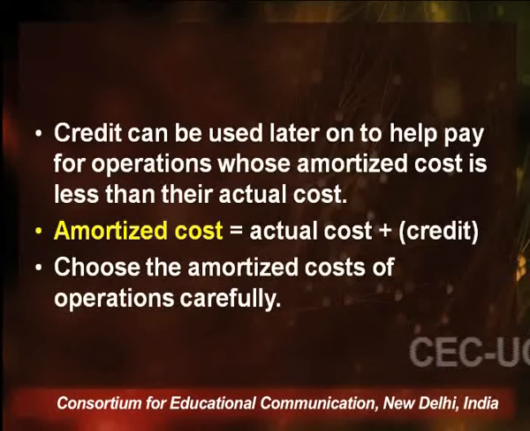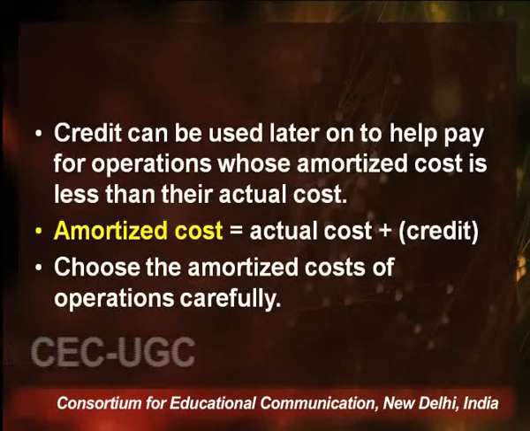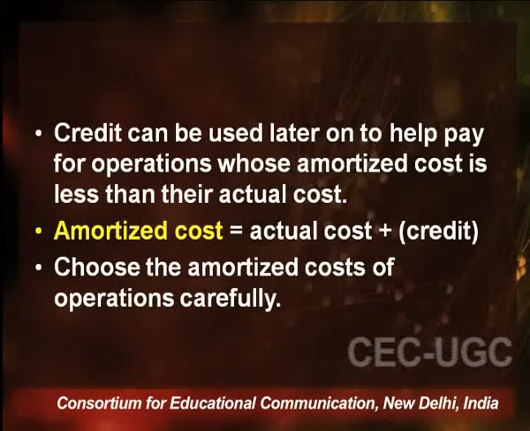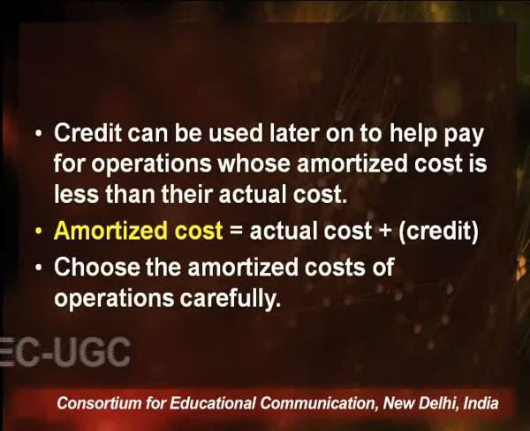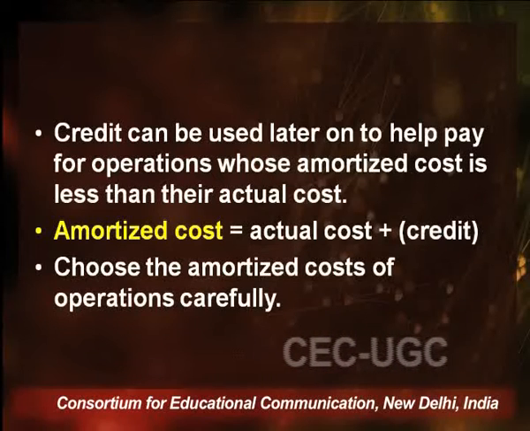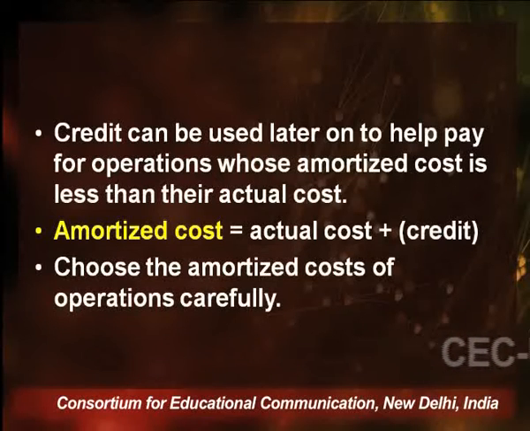So we can say amortized cost is split into actual cost and credit. This credit can be there or it could be zero. If we get a deficit, then we will take credit from some other operations.